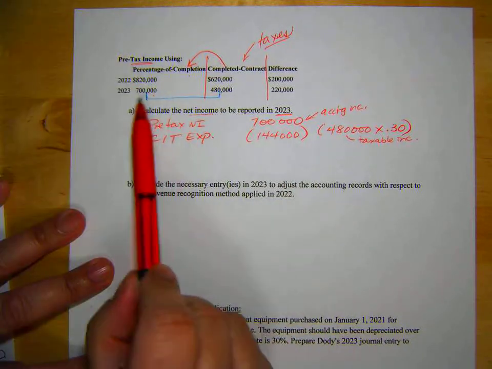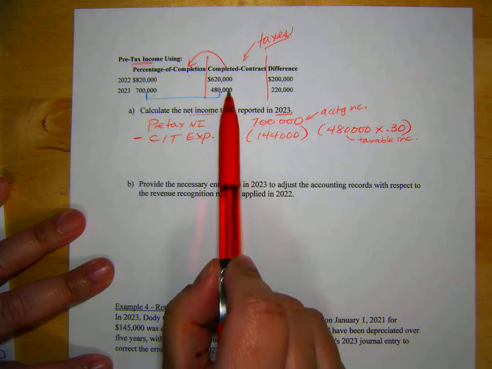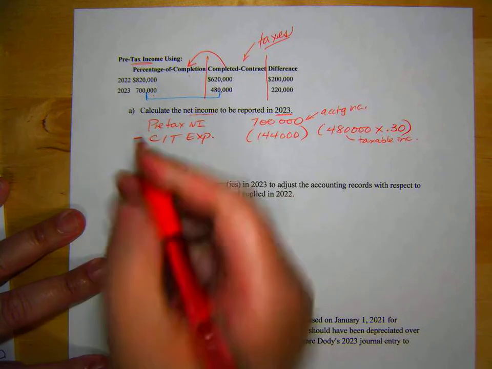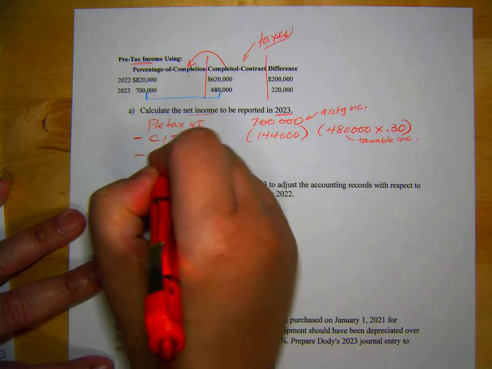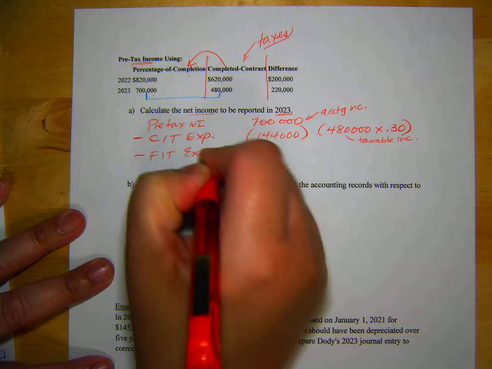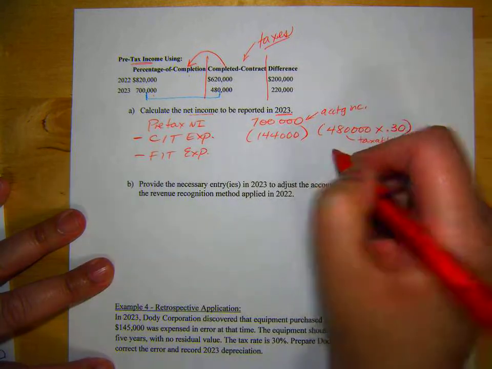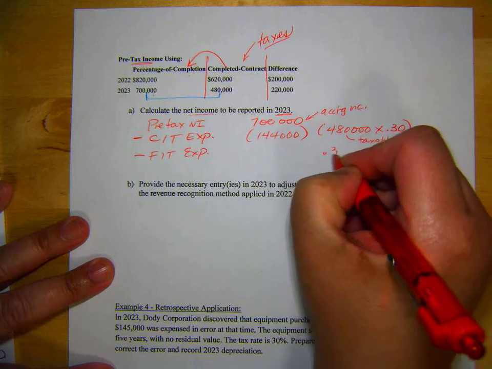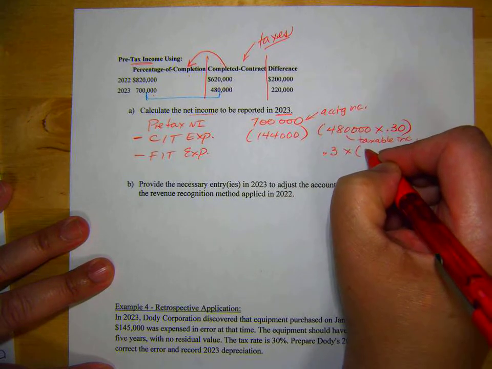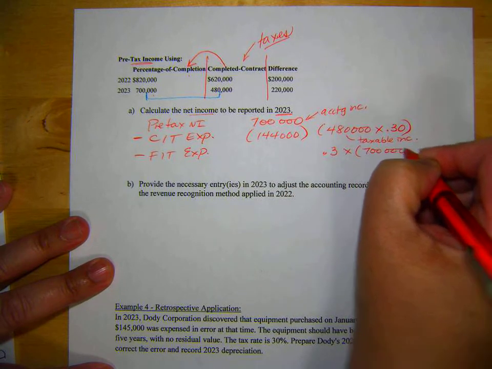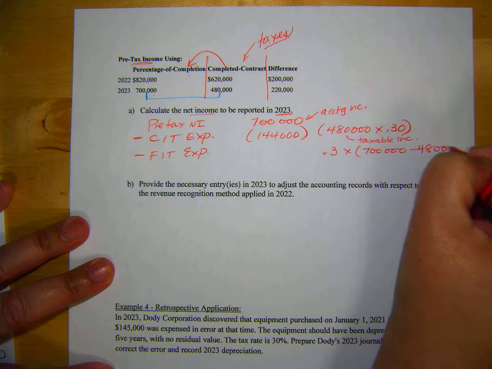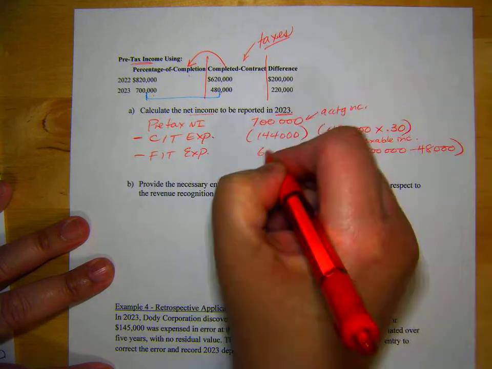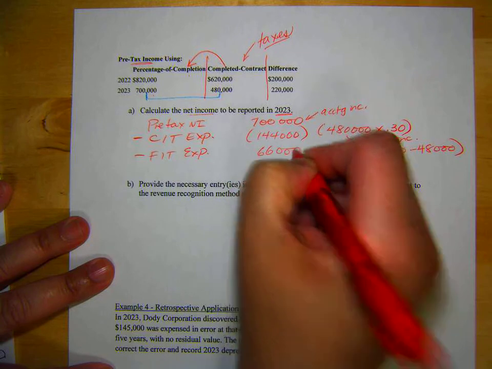So this is our accounting, this is the tax base. So we're going to have an FIT expense, or benefit, we'll have to. So we know it's 0.3 times the difference. So that part's easy, 700,000 minus 480. So we know it's 66,000.